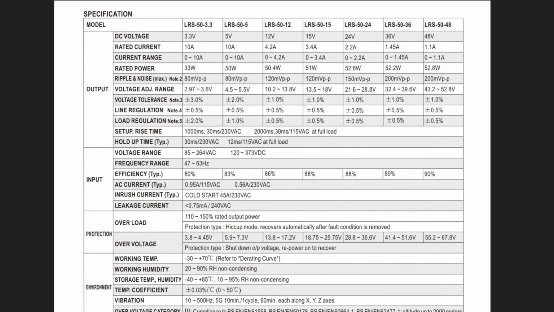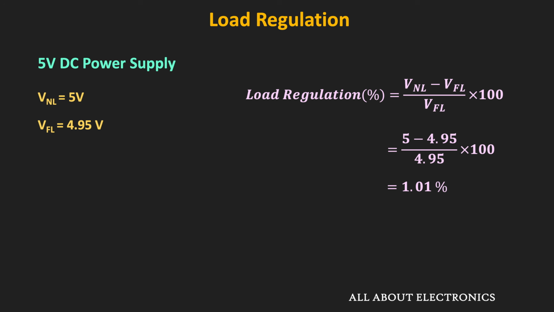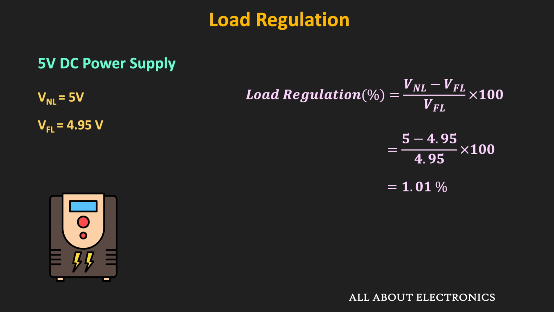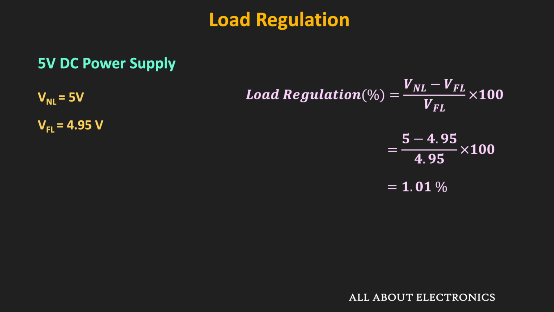So in the data sheets for any power supply, if its load regulation is equal to plus minus 1%, it means that even at the full load, its output voltage will not change by more than plus minus 1%. On the other hand, suppose we have another power supply with the same specs but with the value of the load regulation as plus minus 0.5%, then that power supply will perform better at the full load.